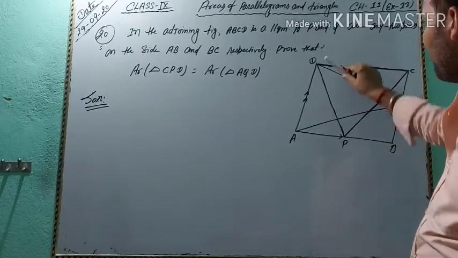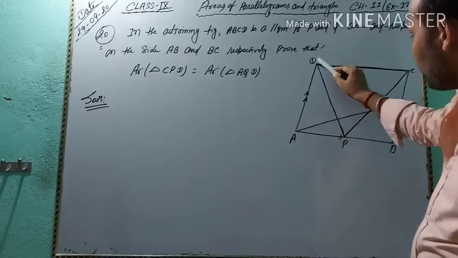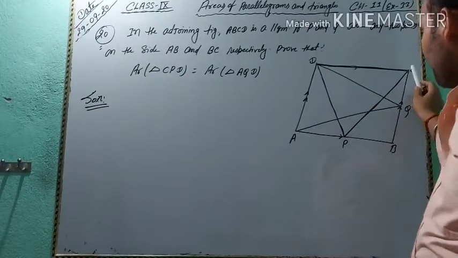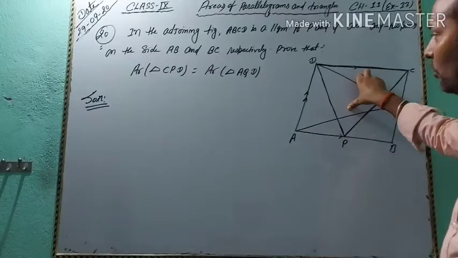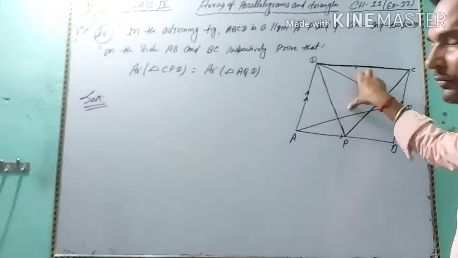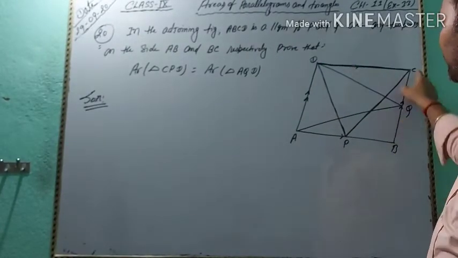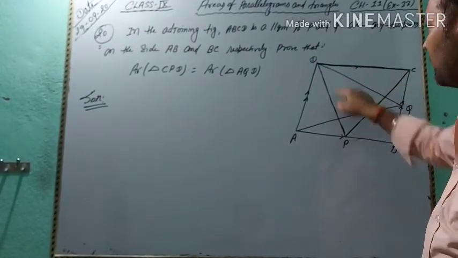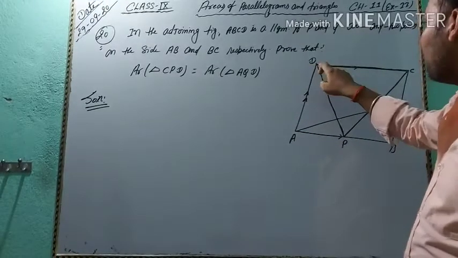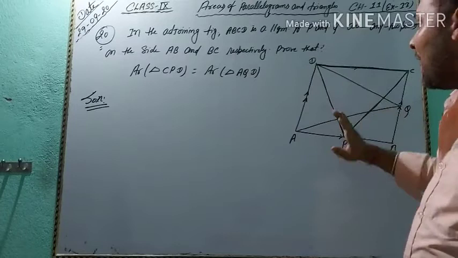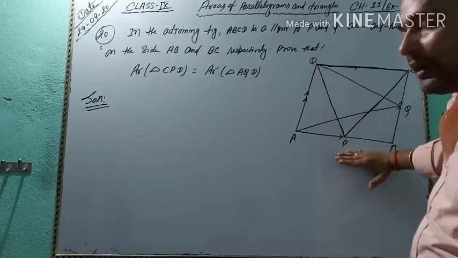On base CD there is triangle CPD and on the same base CD there is this parallelogram DABC or ABCD. Okay, so triangle CPD and parallelogram ABCD are on the same base CD and lie between the same parallels CD and AB.